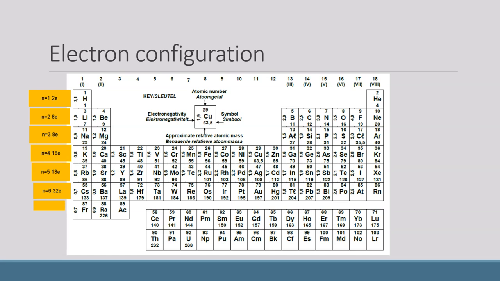And this is an incomplete periodic table, so we don't have all the way to element number 118, but a complete periodic table will contain all elements up to element 118. Remember that we said that the 7th energy level can also hold 32 electrons. So we have 32 elements in the 7th period, going from francium all the way to element number 118.